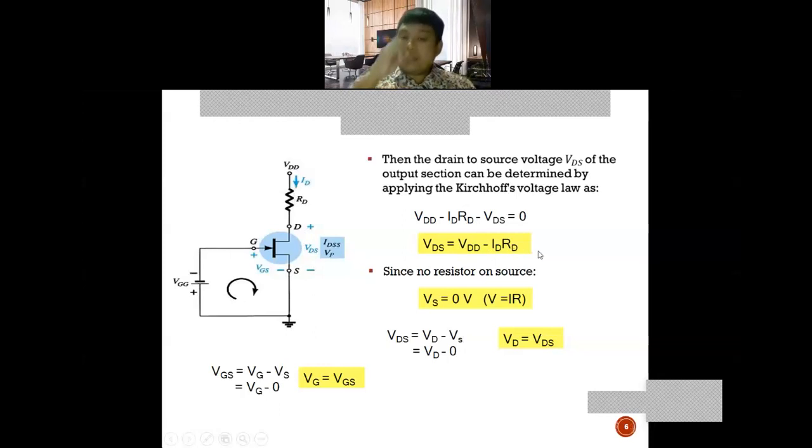Since there is no resistor on the source, Vs equals 0 volts. We can say that Vs equals IR, but with no resistor, R equals 0, so Vs equals 0 volts. If Vs equals 0 volts, then VDS equals VD minus Vs, so VDS equals VD minus 0.